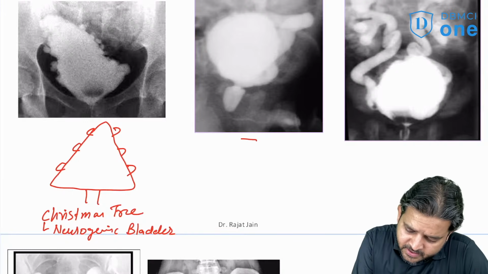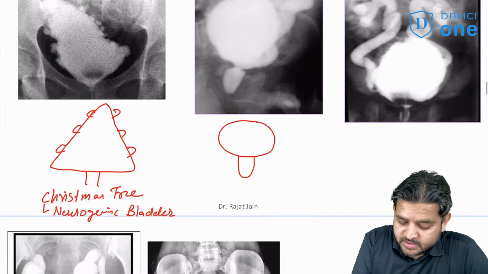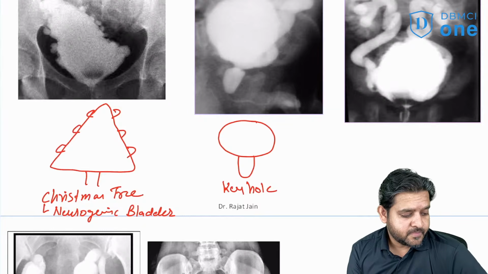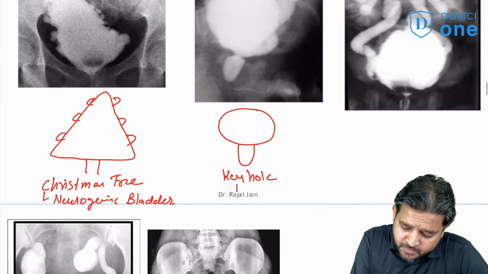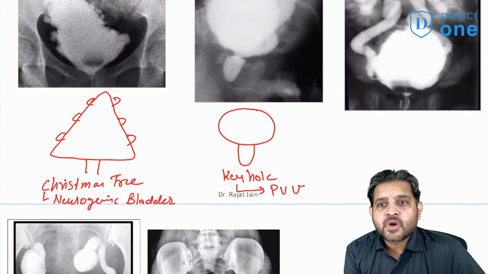On the other hand, if you have a bladder like this and the posterior urethra appears to be dilated like this, this is what is called as keyhole appearance, and a keyhole appearance is a feature of posterior urethral valve.